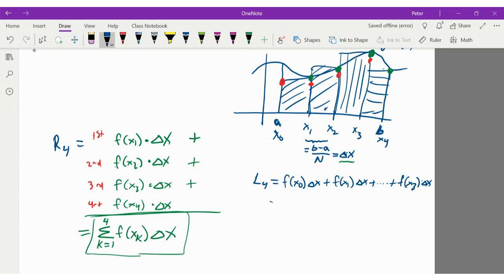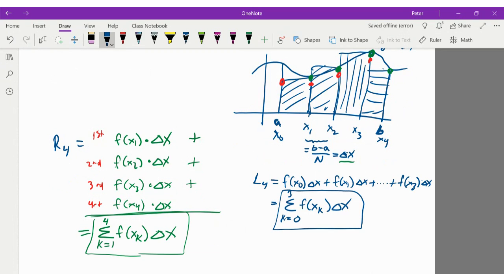So that's going to equal the sum from k equals 0 to 3 of f of xk delta x. So this is the way that we would write an approximation using summation notation.